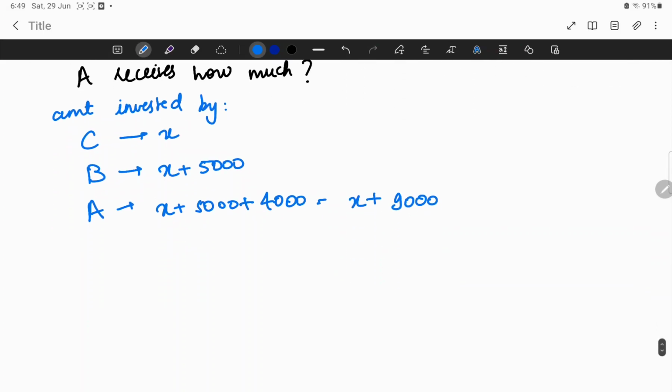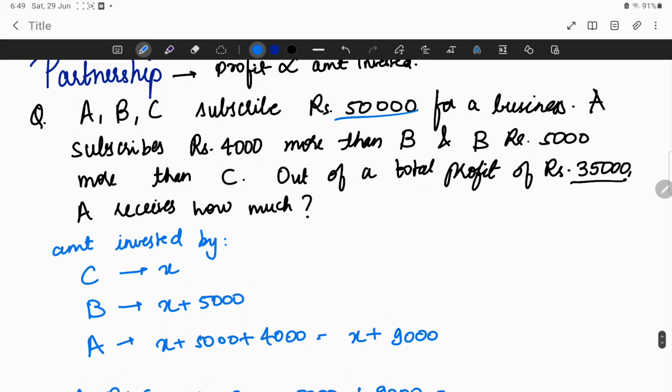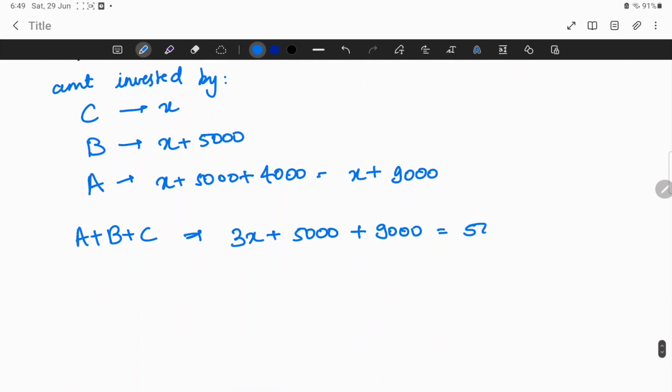So if we add all of these numbers, we'll get A plus B plus C, which is 3x plus 5,000 plus 9,000, which is equal to your total amount, which is 50,000 rupees.